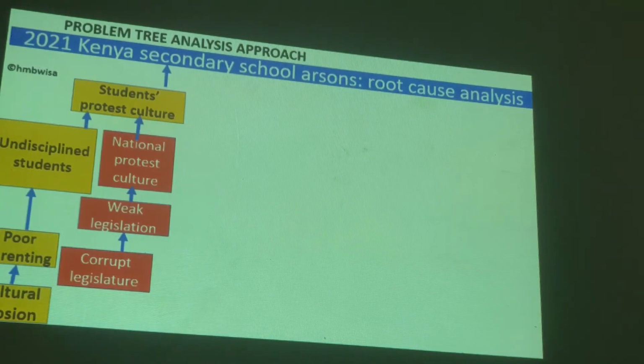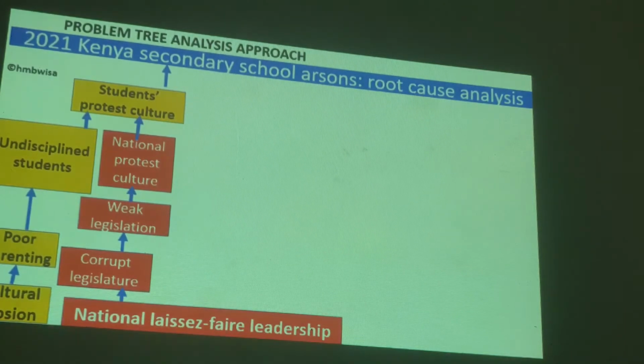When the legislature is corrupt and cannot make strong and good legislation, then it may lead to national protest culture, and the students will ape the same. But why corrupt legislature? In Kenya, we may say because of national laissez-faire leadership. Leadership that is not strong enough, decisive enough to take certain actions, leaves people like on their own.